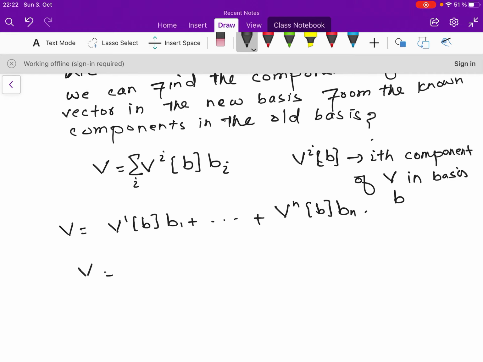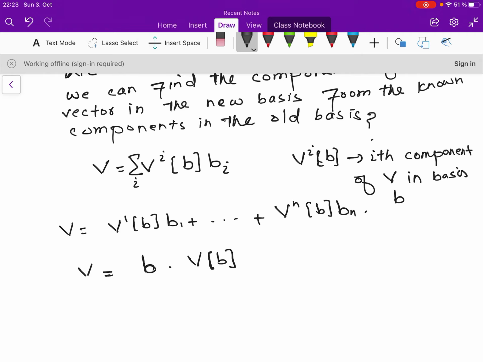If the V vector is in the row vector form, I can write this as the multiplication of the row vector basis B multiplied by V, the representation of V in the basis B.